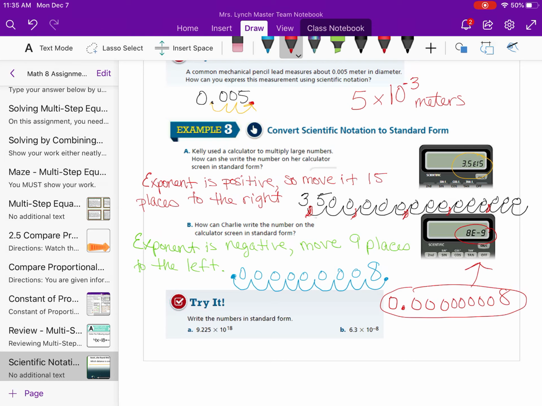But again, you run out of room on the calculator. So one other thing that I want you to notice is that, let's go back to the positive exponent where there were 15 digits after the decimal. Notice that we already had one number after the decimal, a 5. And how many zeros did we end up with?